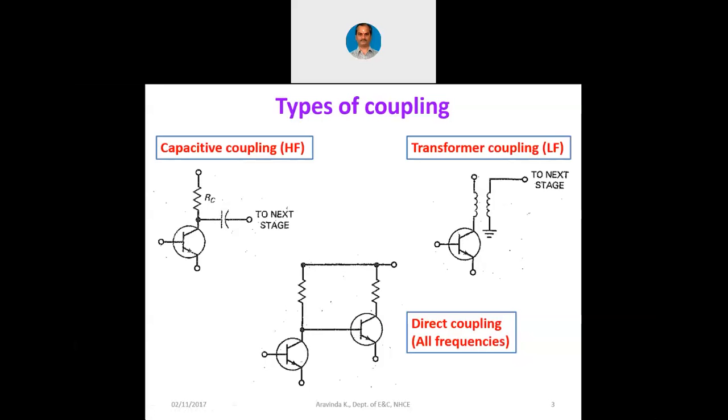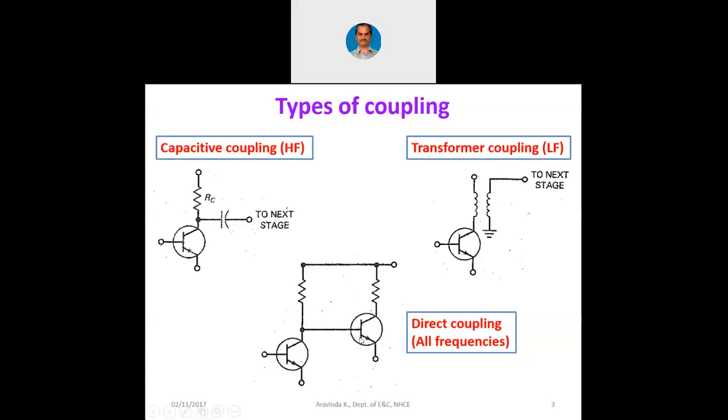But the point to be taken into consideration is that this DC, which is VCC by 2, is going to drive the base of the second transistor. Now the second transistor should not be allowed to saturate. So there must be one more resistance at the emitter, so that VBE will be lesser and the transistor will be prevented from getting into saturation.